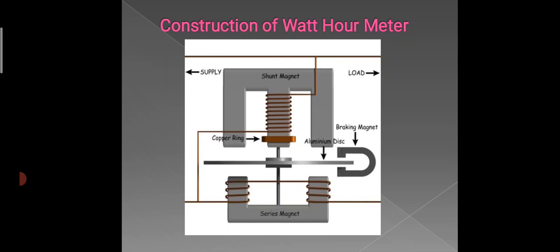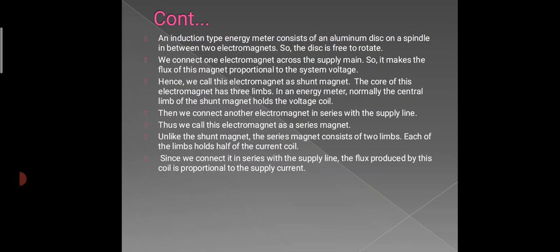The supply voltage is given to the shunt magnet and the load is connected to the series magnet. The aluminum disc rotates between these two magnets, and the braking magnet is at the edge of this aluminum disc. This is the arrangement of the watt-hour meter.